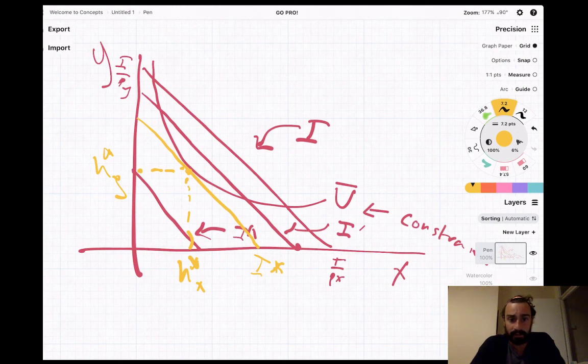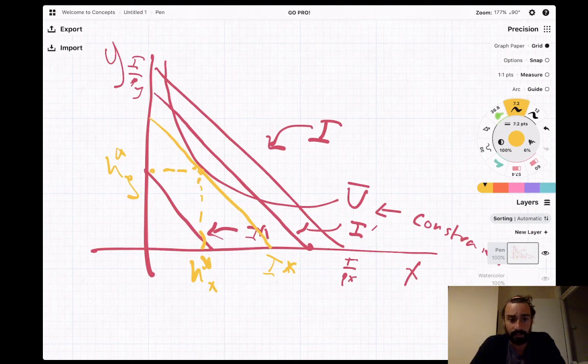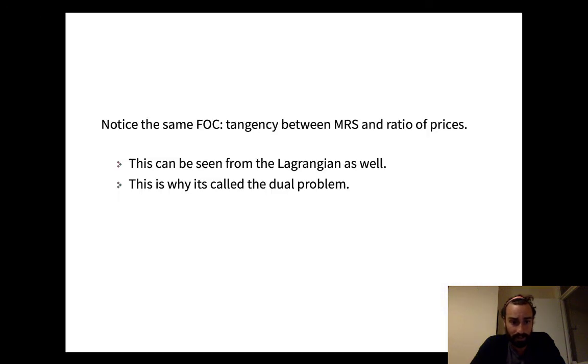Let me say a little bit more about this, and then we'll do an example in the next lecture. It's the same tangency between the marginal rate of substitution, which is the slope of this indifference curve, and the ratio of prices, which is the slope of that budget line, right? Those are the interpretations of those objects on the picture I just drew. And so you can see why it's called the dual problem.